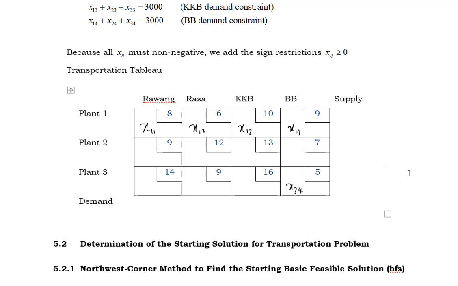We also need to write the supply units and demand units for every point. The supply unit from plant 1 is 3,500. 5,000 is the supply unit from plant 2 and 4,000 from plant 3. And these are the demand units.